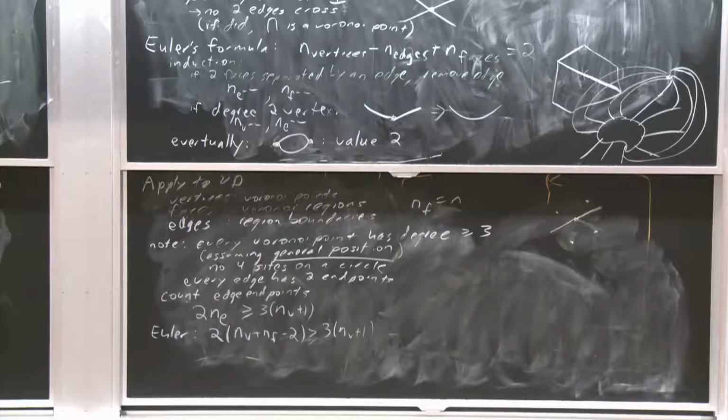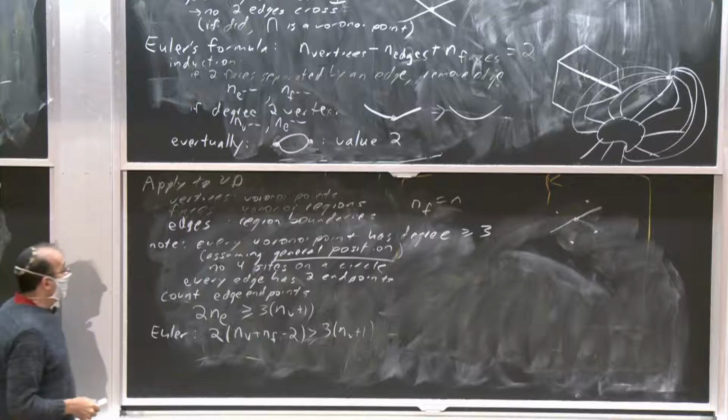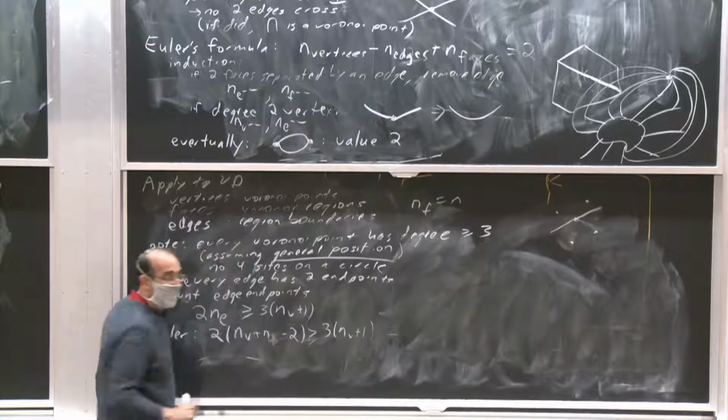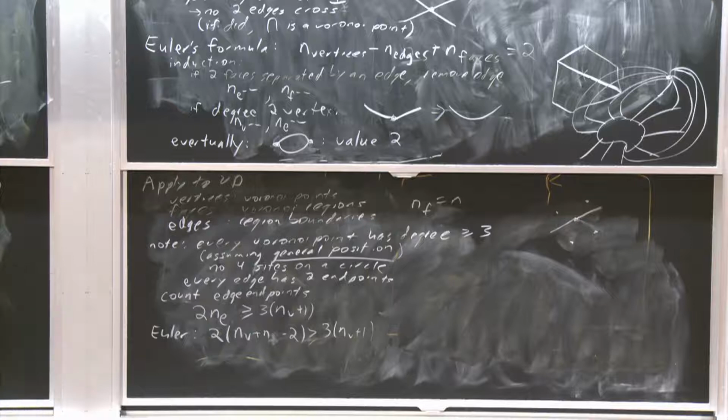Okay. But now, remember, we said that the number of faces is equal to n. So I'm just going to erase that f from this formula, which finally gives me a relationship between the number of sites and the number of Voronoi points.